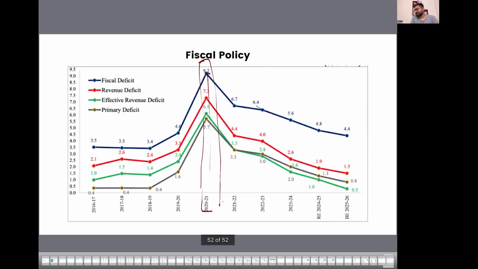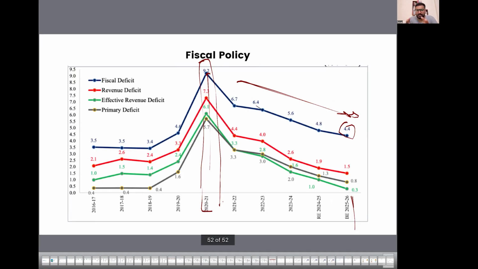But subsequently, we see that the government of India has adopted a path of fiscal consolidation, and slowly we have been bringing our fiscal deficit under control, to 4.4% in the budget estimates of 2025-26.